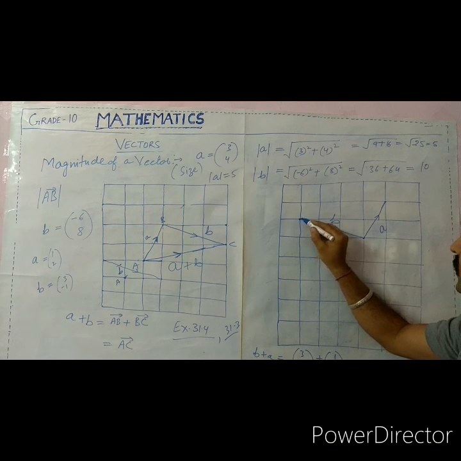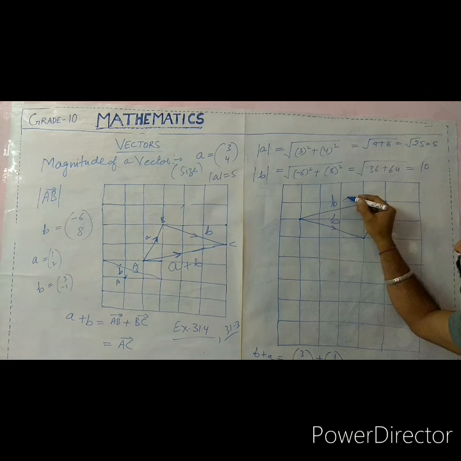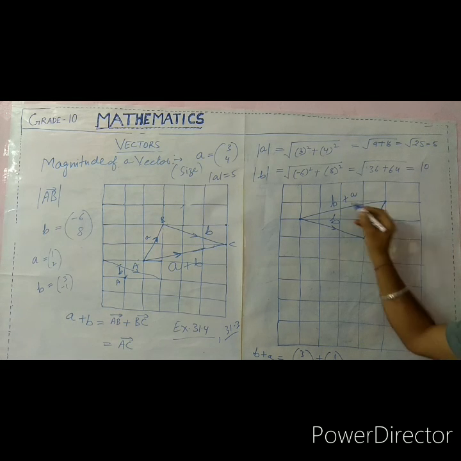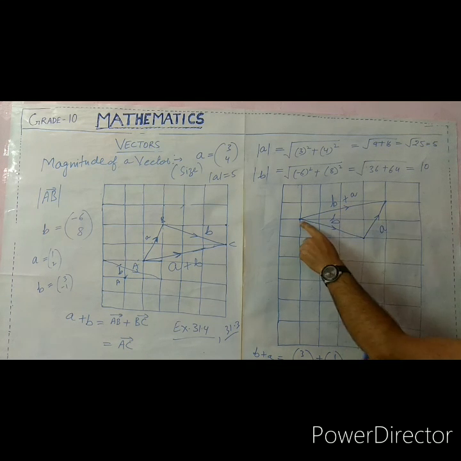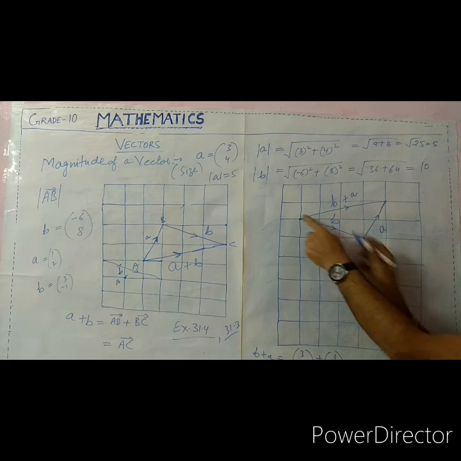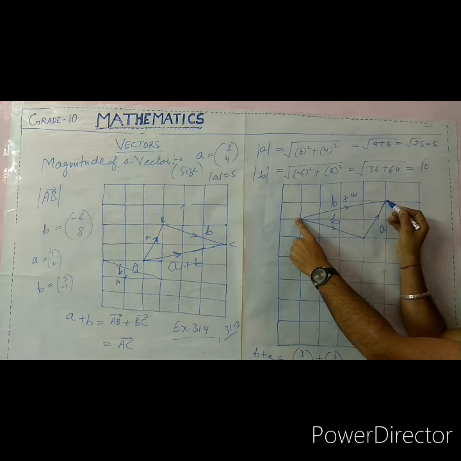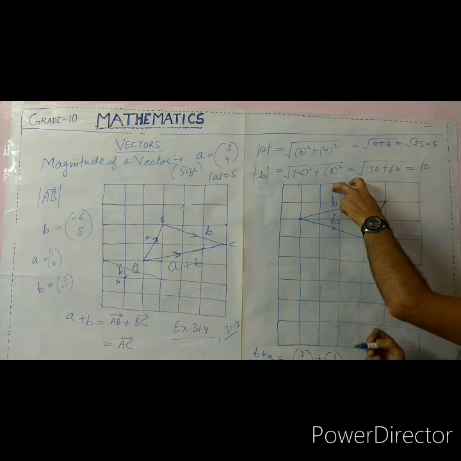So we will join both these points, and this vector is called B plus A vector, and the direction is from this side. If we start from here, this is vector B, this is vector A, and now the straight line from initial to final is called vector B plus vector A. A new vector is formed.